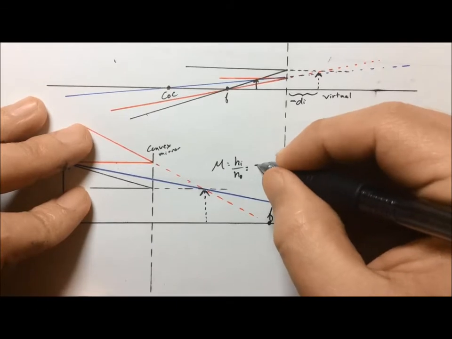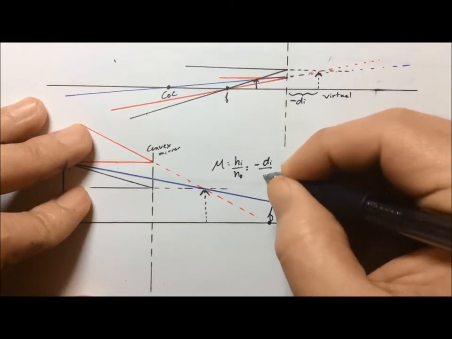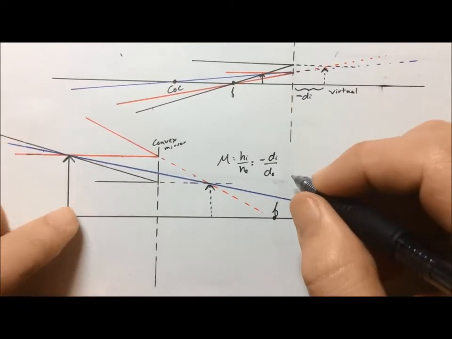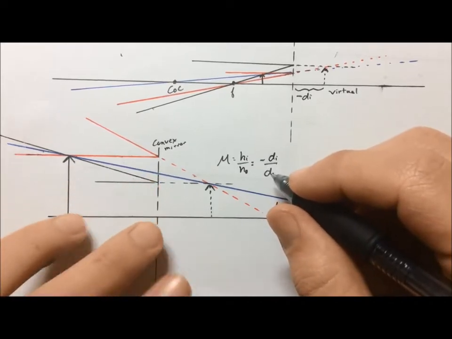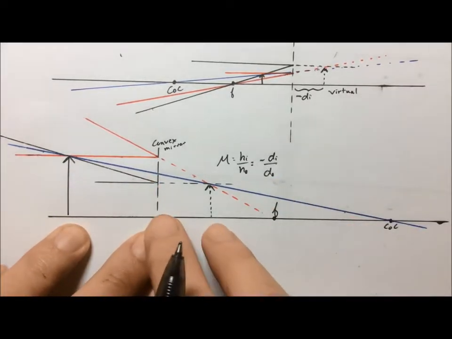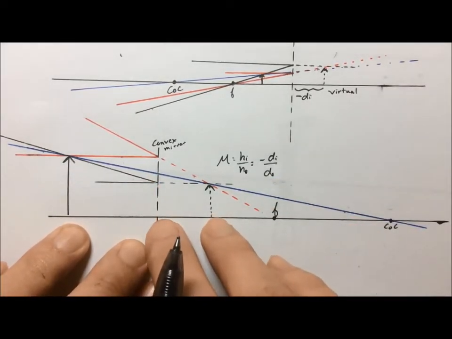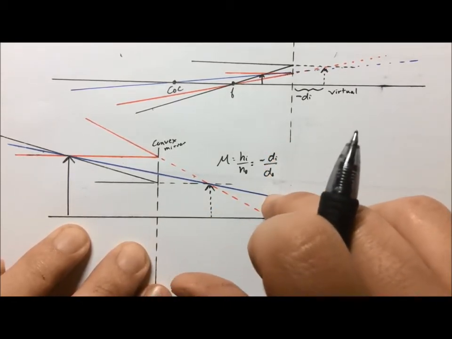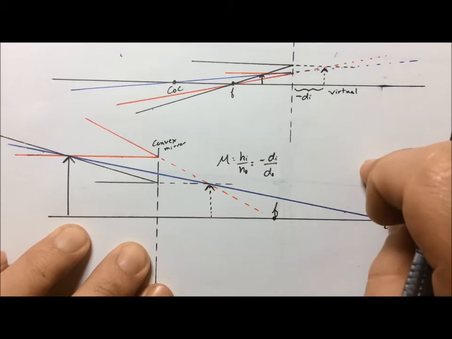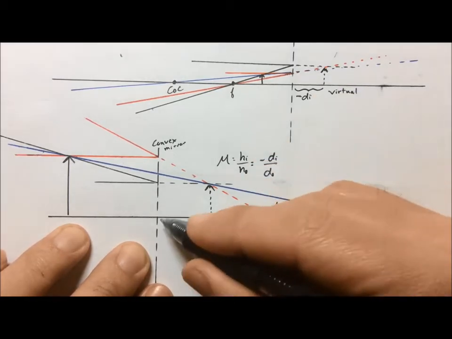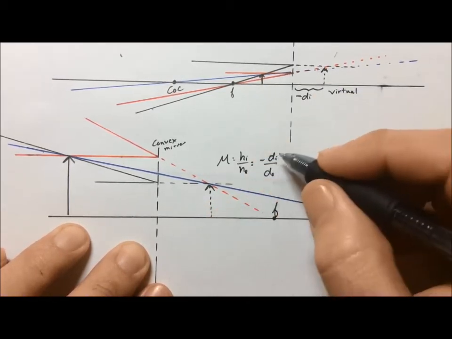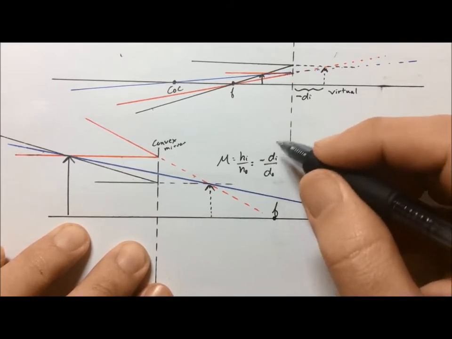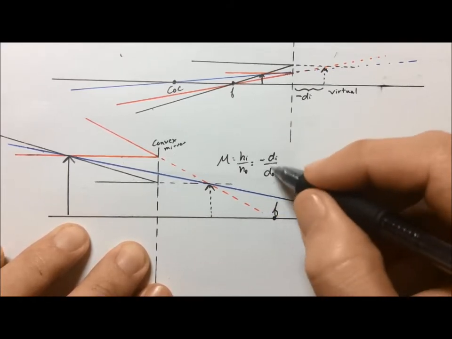If you look at the other part of the magnification equation, the distance of the object is always positive here. Okay, it's a little bit bigger than the distance of the image, so if you do that ratio alone, you get a number that's less than 1. And the distance of the image is actually behind the mirror where light doesn't really go, so that would be a negative number. So negative cancels out, and so again we get some decimal number here.